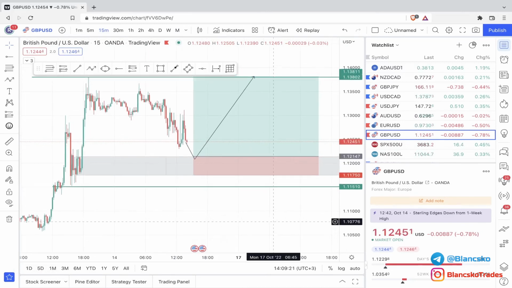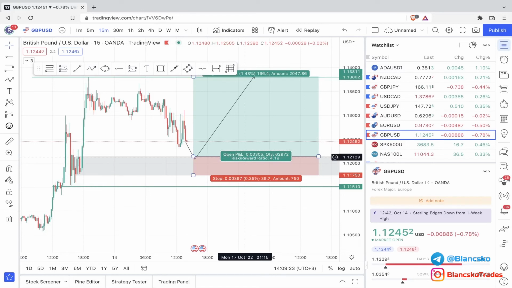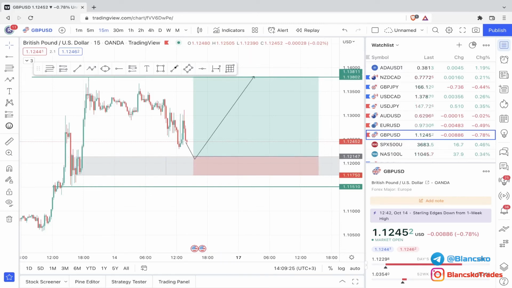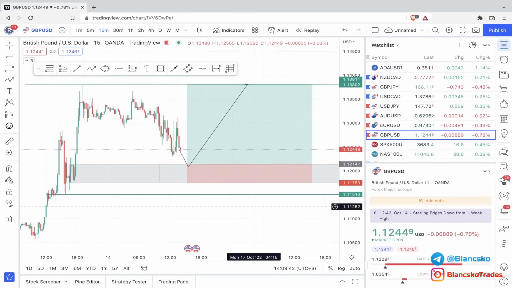Of course, if you want to take this setup, take it at your own risk. Take this with a grain of salt. Make sure you use proper risk and just do your own analysis. Okay, I'm not a financial advisor. I'm not telling you you should buy here and you will make 100% profits. No, this can literally go and smash the stop loss. You know, this can also happen.